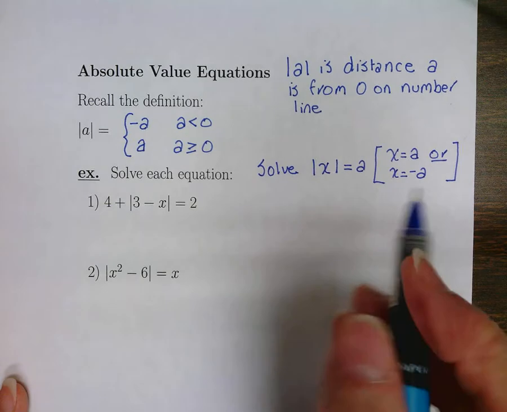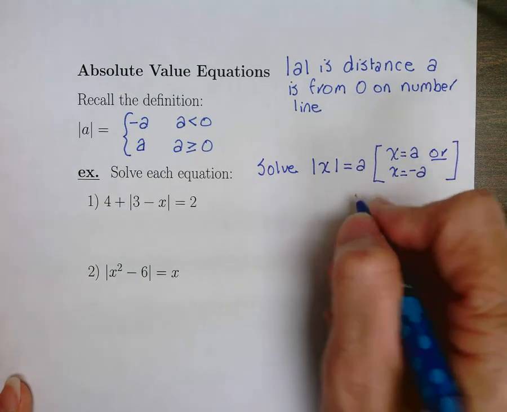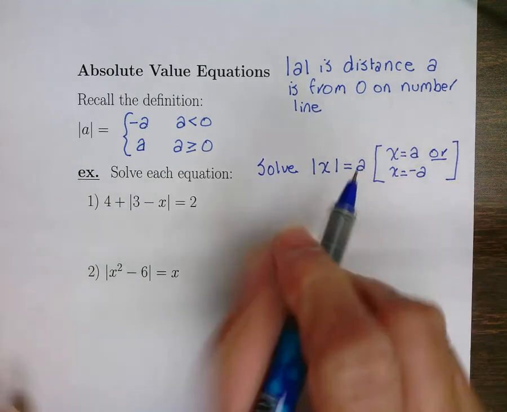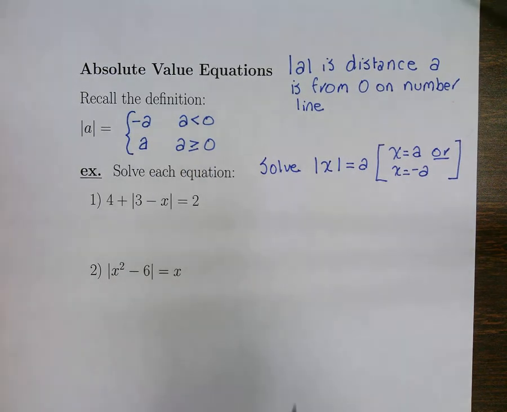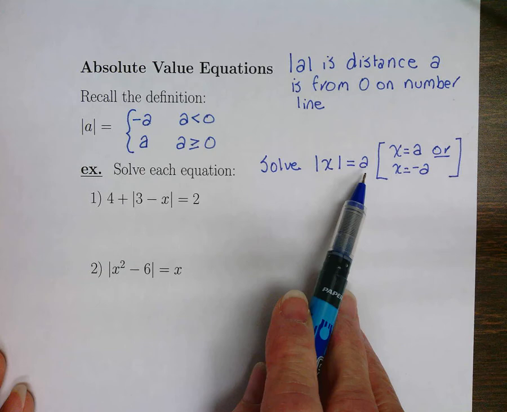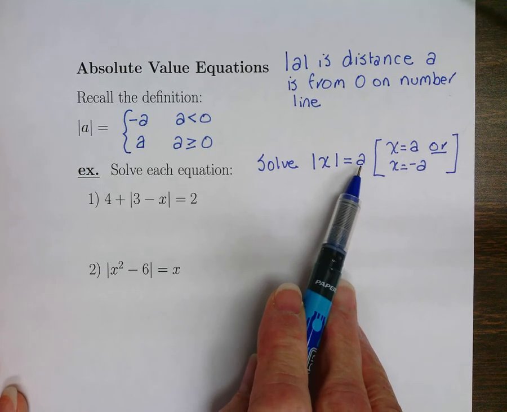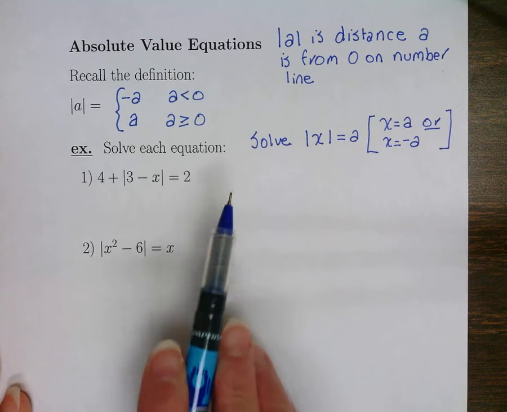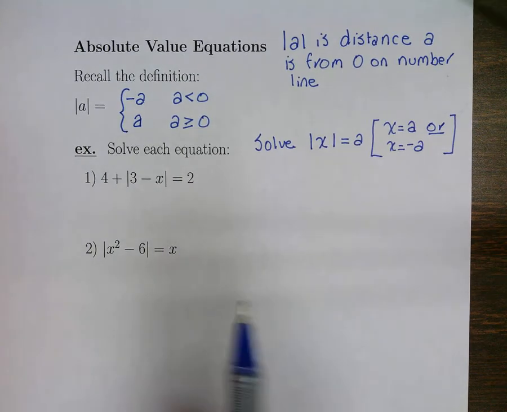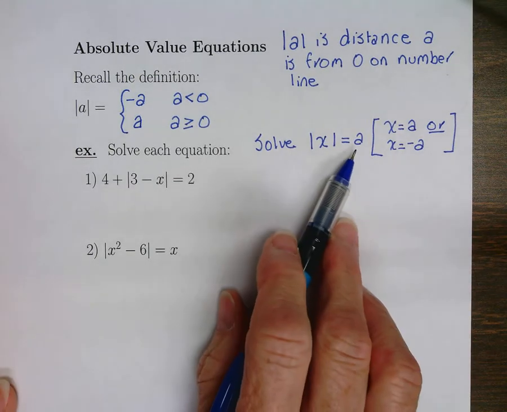But notice too that the absolute value of x equals A means A is greater than or equal to 0. And so we only can solve equations where that right-hand side is either 0 or positive. So watch for that as you're solving equations, and look for those, quote, tricky questions where they might have it equal to a negative number.